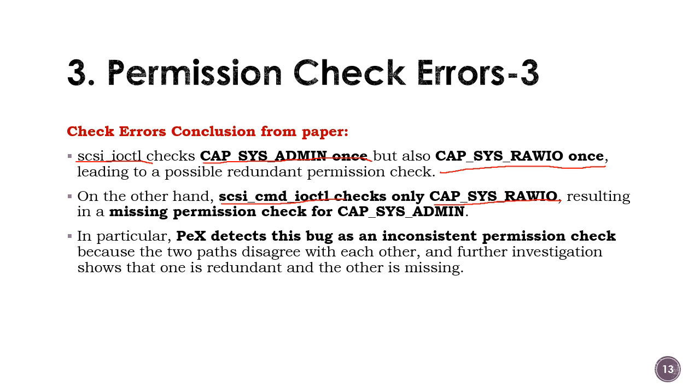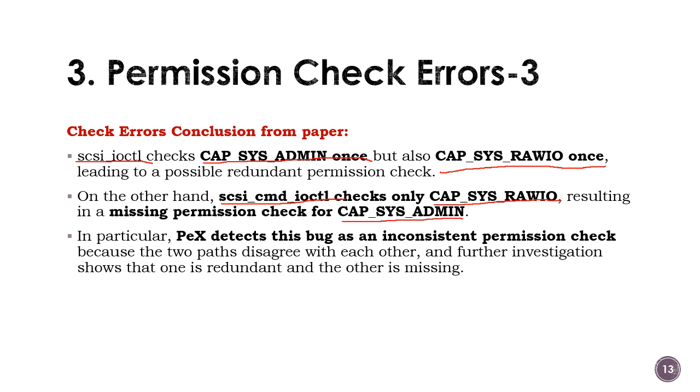this is because B also calls a function from C, and inside C there is another function that has the permission check of this. So either this image B function missed the permission check, or the first A image has a redundant check of this CAP_SYS_ADMIN.